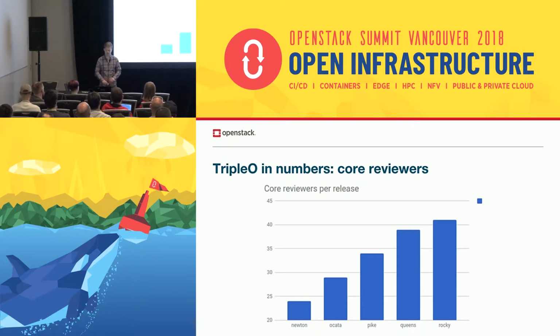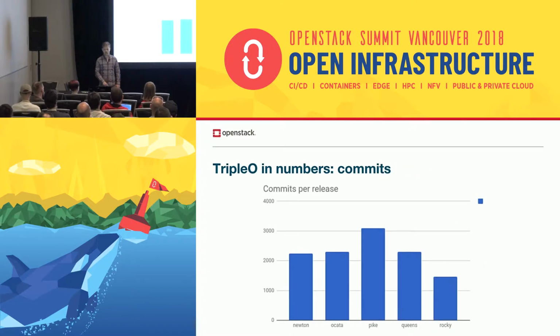The number of commits is also interesting data. In Rocky, I think we will go beyond Queens again. Queens was stabilization, so we didn't push as much code as in Pike or previously, which was expected.